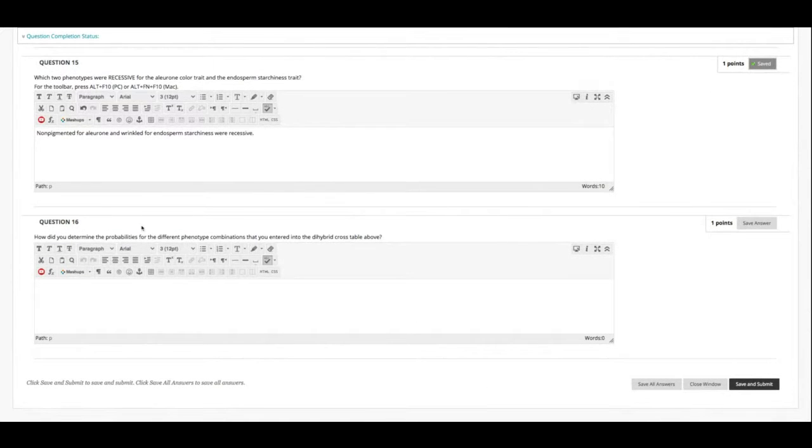All right. How did you determine the probabilities for the different phenotype combinations that you entered into the dihybrid cross table above? How did we determine the probabilities?